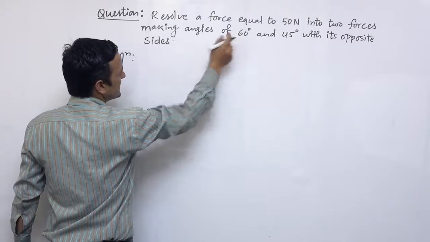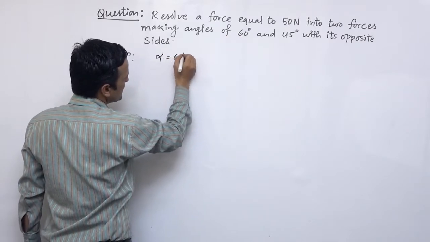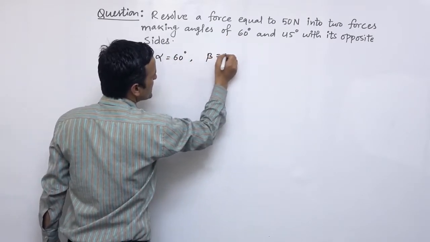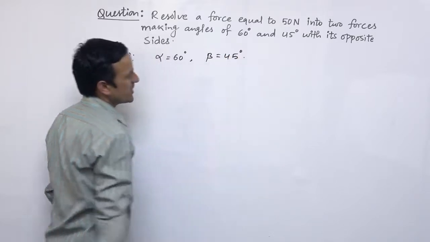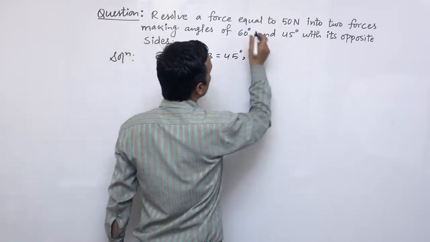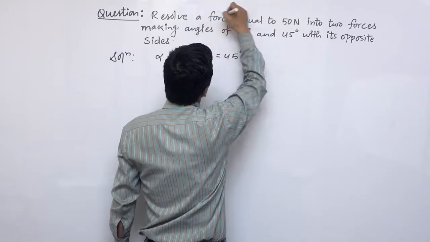So this is the angle alpha is equal to 60 degree and beta is equal to 45 degree. We can suppose it this one, and resolve this force.